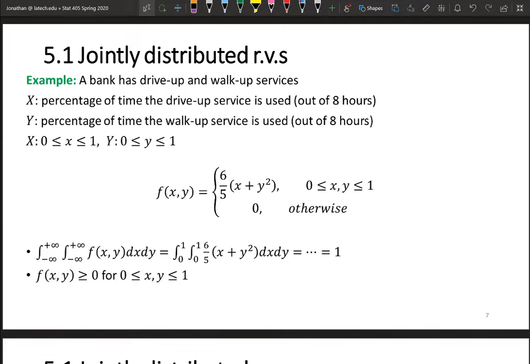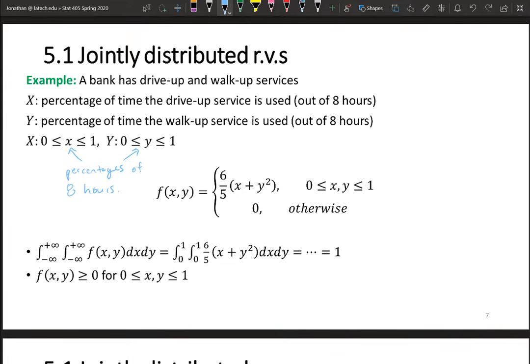Why? Because the percentage of time out of 8 hours, at most we can be there 8 hours, or at least 0 hours. So 100% of the time or 0% of the time. These X and Y variables are just percentages, which is why they're between 0 and 1. Basically, they are percentages of 8 hours.